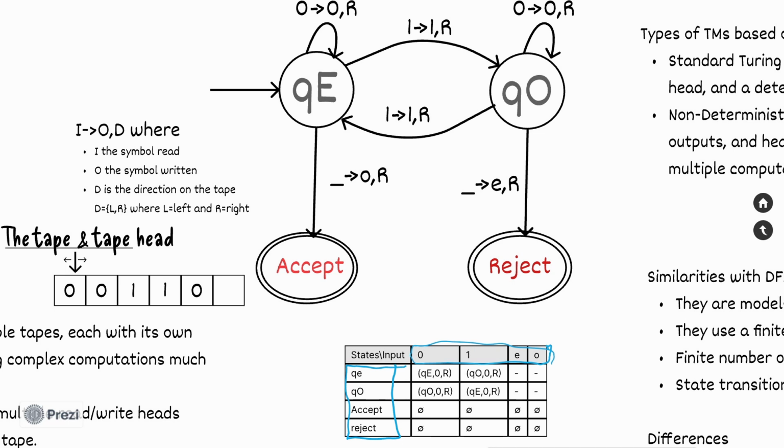The transitions are represented using this format, where this is the new state, this is the output, and this is the direction the tape head will take. Now, Turing machines stop, or halt, when they are at the accept or reject states.